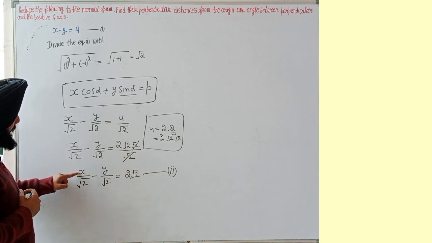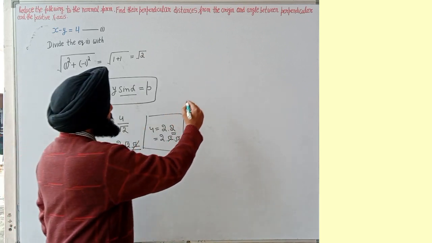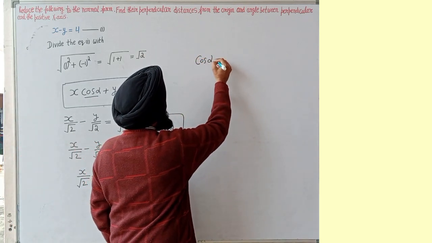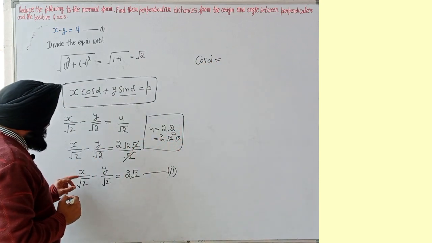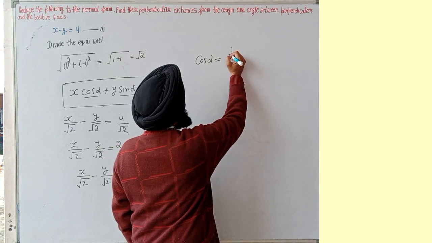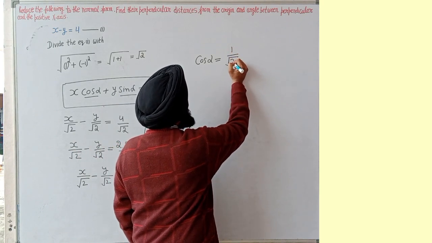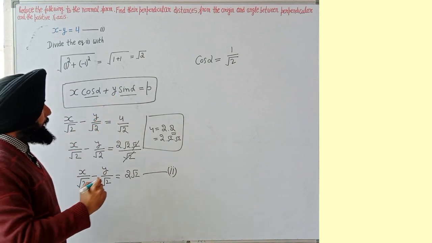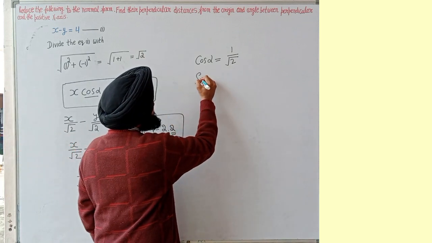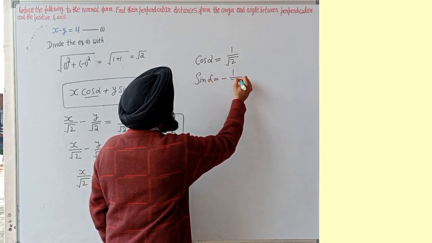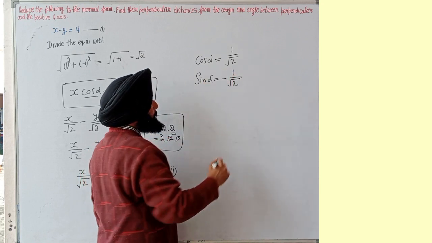Comparing with x, cos alpha equals 1 over under root 2, and similarly sin alpha equals negative 1 over under root 2.